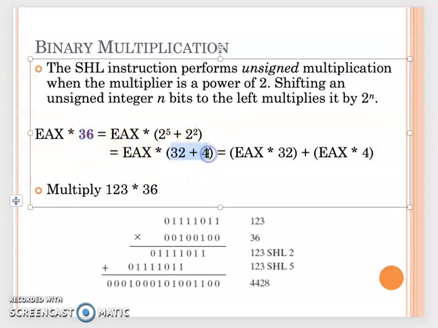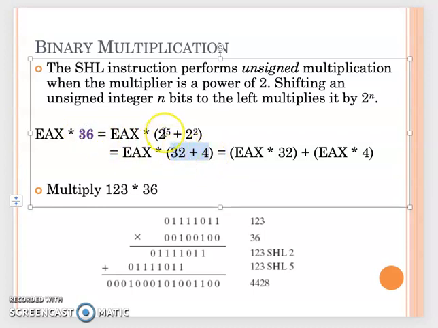So when I want to multiply EAX by 36, I can break 36 into 2 to the nth powers combined.